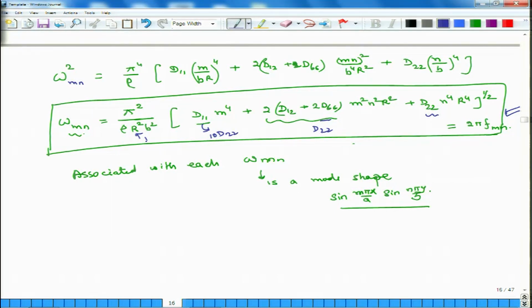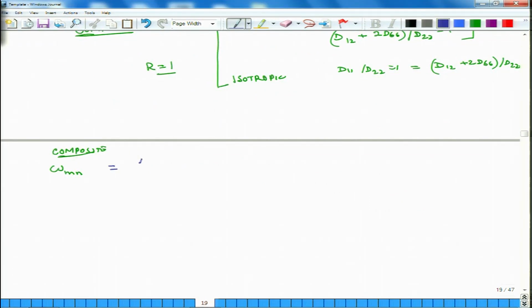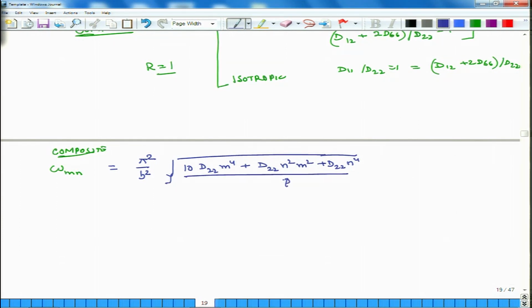So, if we do that, this entire expression simplifies to pi square over b square, R was 1 times 10 d22 m4 plus d22 n square m square plus d22 n4, and then of course there is a density in the denominator.